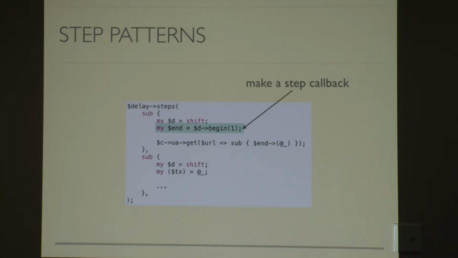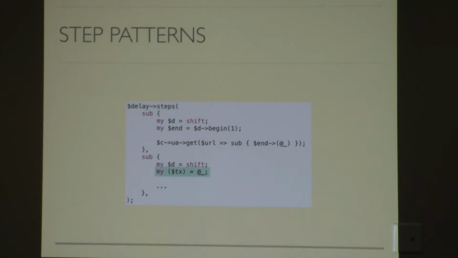The begin method takes an argument, and that is a number, and that number tells begin how many arguments to shift off at the end. Now, why would that be important? We'll find out in just a moment here. So we run our callback, and what happens is that instead of getting both the user agent and the transaction, we only get the transaction because we've shifted off the first one.